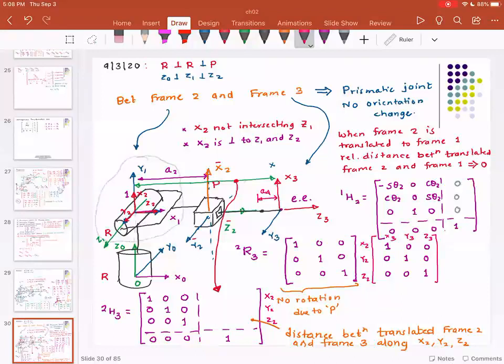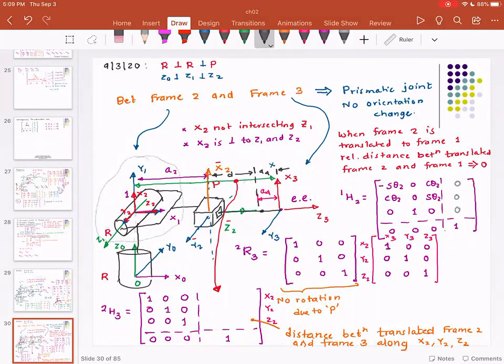Can you see that the distance between these two frames, and I want you to focus on the green arrow, is a2 plus d plus a4? So this distance is d and this distance is a4. Are you with me? The distance between these two frames is a2 plus d plus a4.